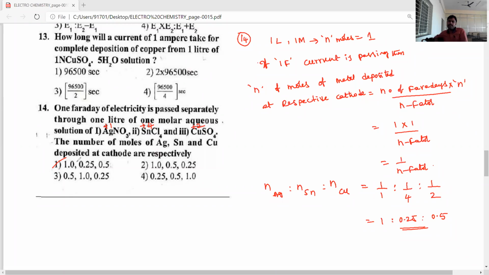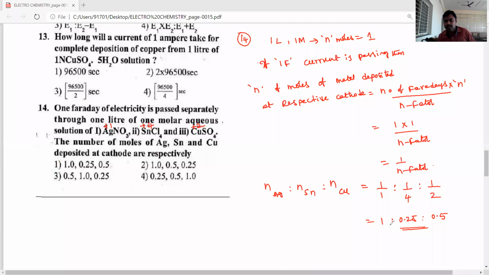If they ask for weight, we know the number of moles, then the moles are converted into weight. The weight ratio is equal to number of moles into its gram atomic weight. See, 1 mole of silver is depositing, how much weight? The weight ratio of silver to tin to copper, do you want to calculate?